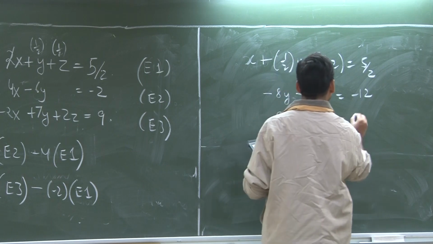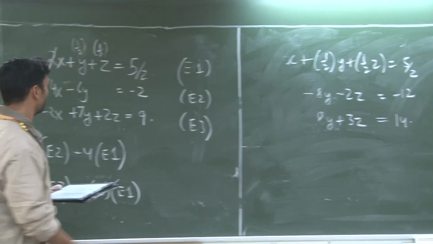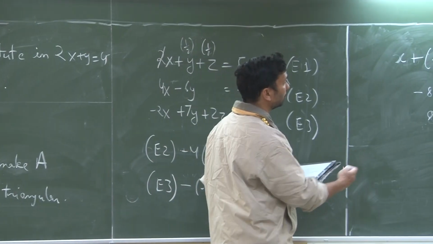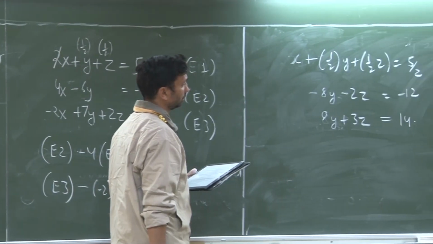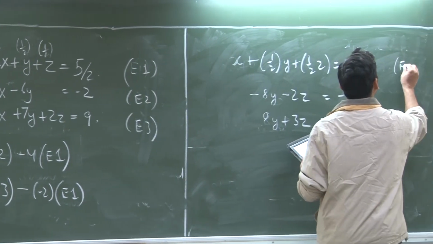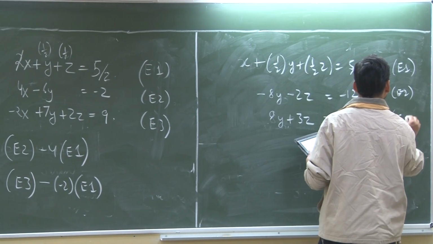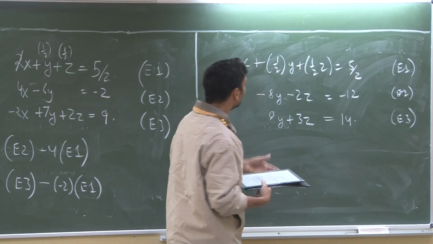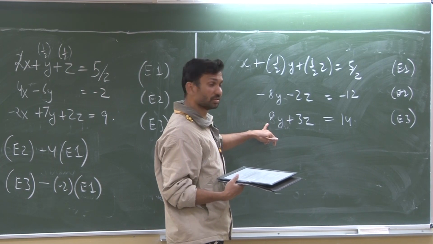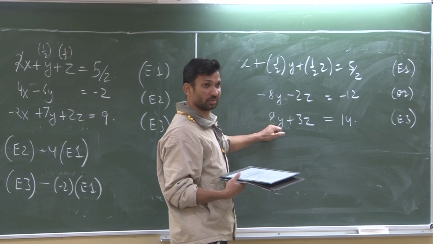It is important that you should be able to do these calculations on your own. So make sure that you can come to this step. And now I can add these two equations to make the coefficient of y 0 in equation 3.